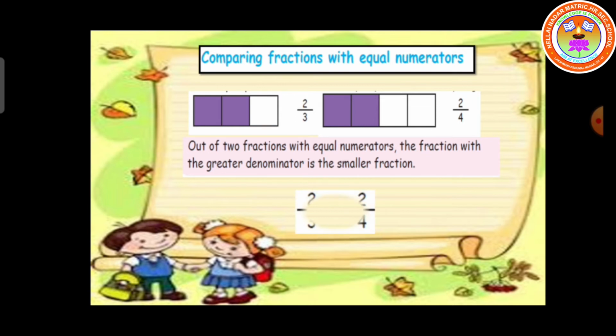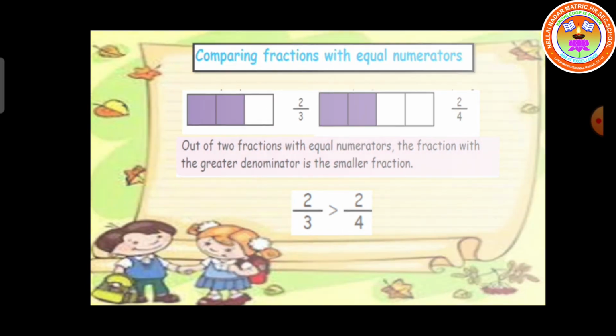Here 2 by 3 and 2 by 4. Which fraction has the greater denominator? Second fraction. So we can say 2 by 3 is greater than 2 by 4, because the fraction with the greater denominator is the smaller fraction. Is it clear, students?